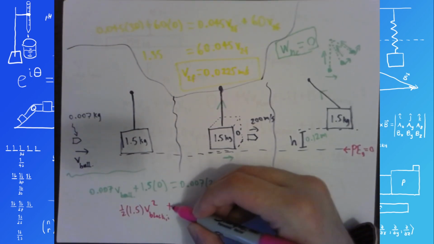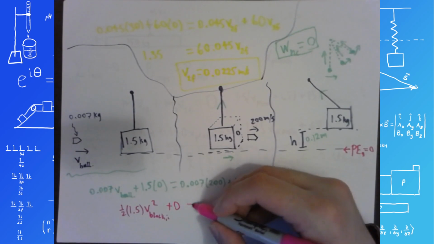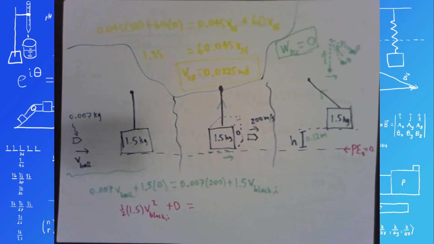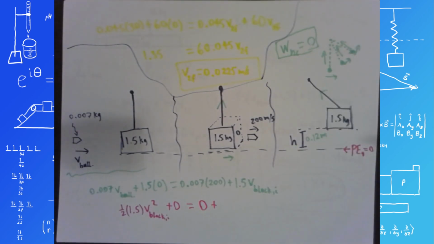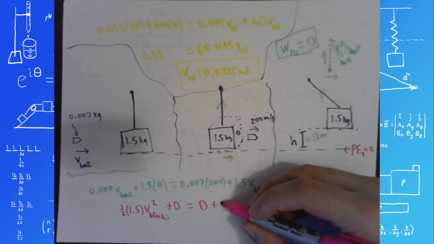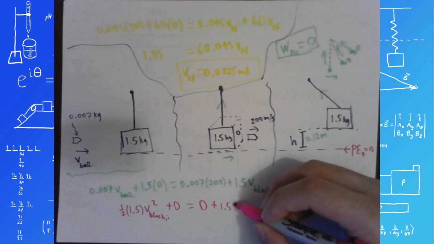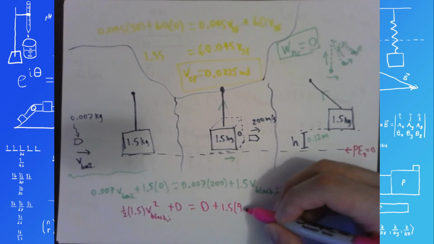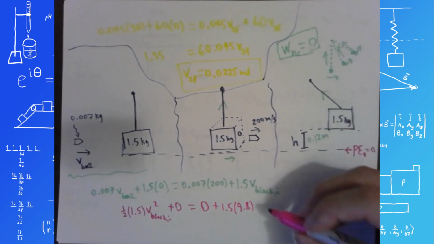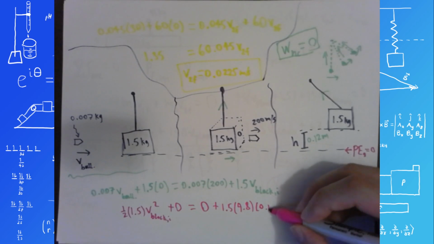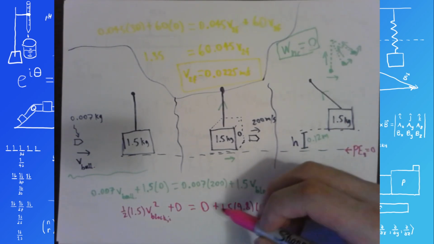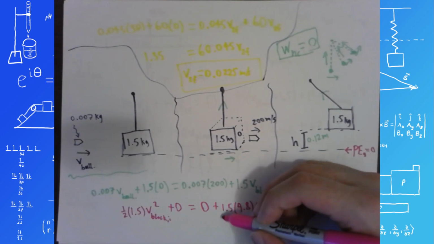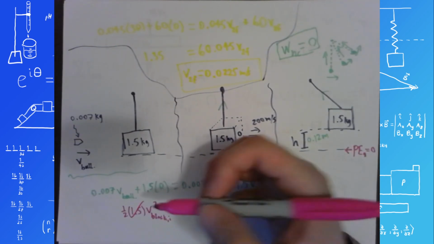So plus 0 gravitational potential energy equals, there's going to be no kinetic energy at the top, it'll come to rest, plus all the gravitational potential energy, so that's 1.5 times 9.8 times h, which is 0.12. And the 1.5 cancels out. The mass of the block was not even needed, at least for this part.